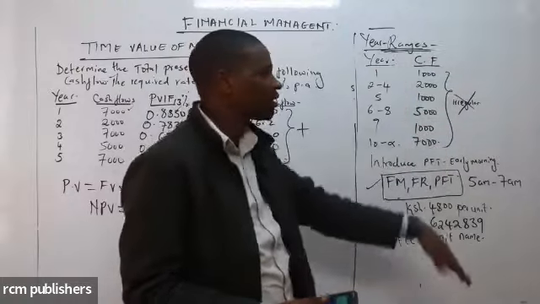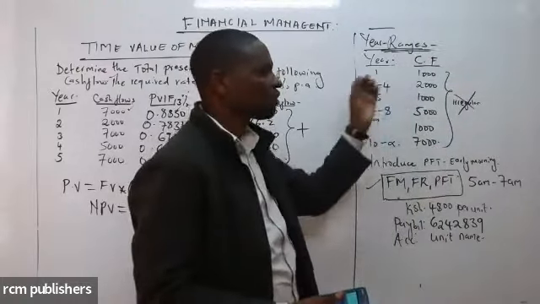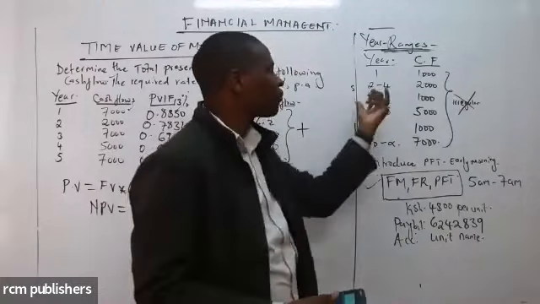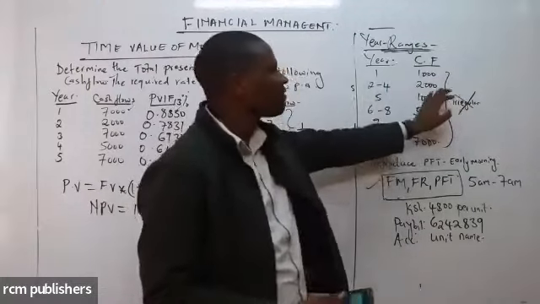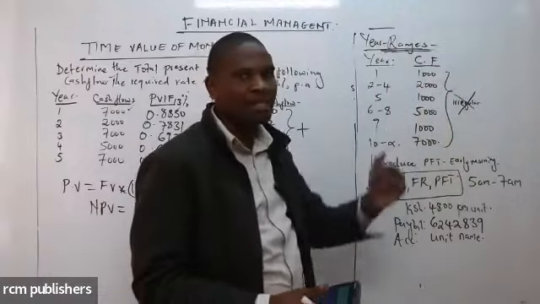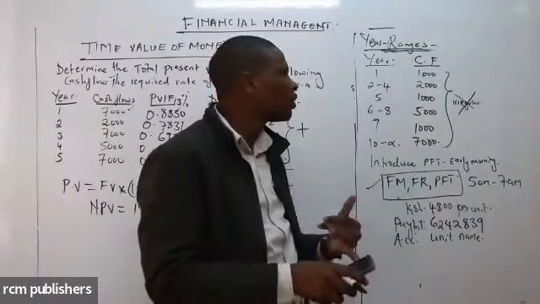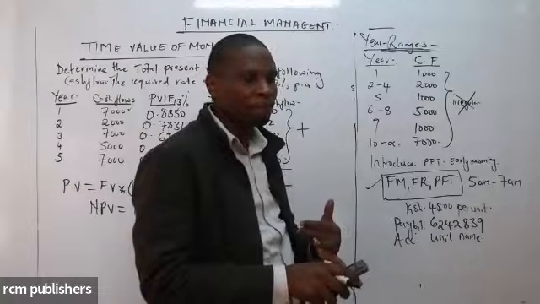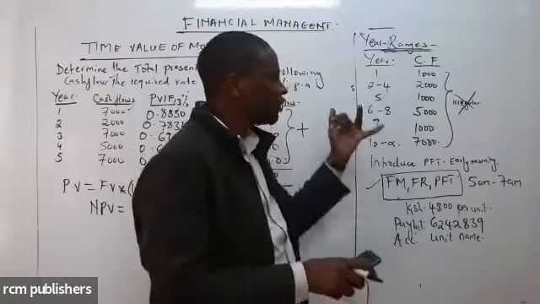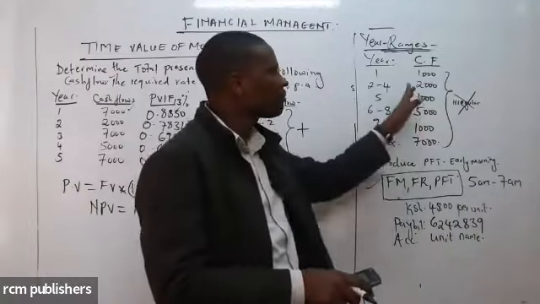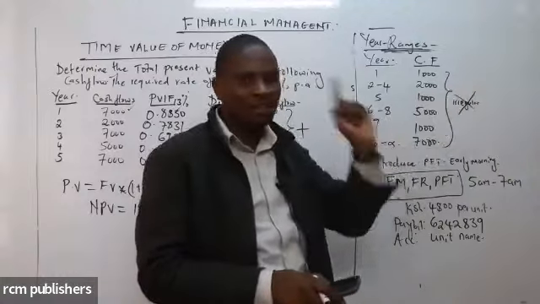Those are standalone cash flows. Year 2 to 4 is a range. From year 2 to year 4, we have a cash flow of 2,000. What does that translate to? It translates to year 2 being a separate year, with year 3 and year 4. We have 2,000 as the cash flow.